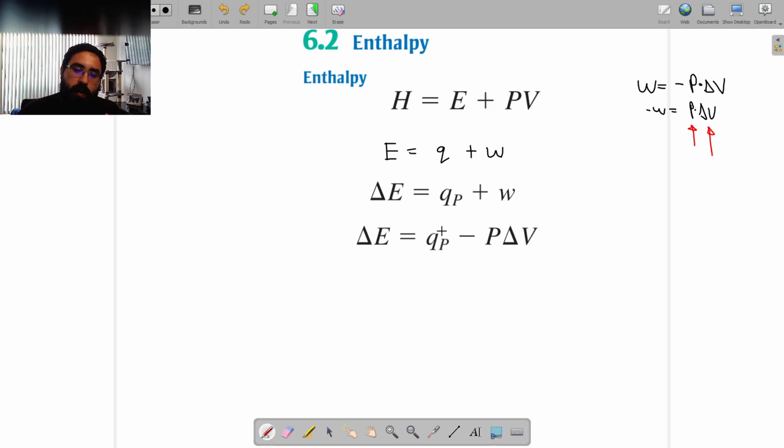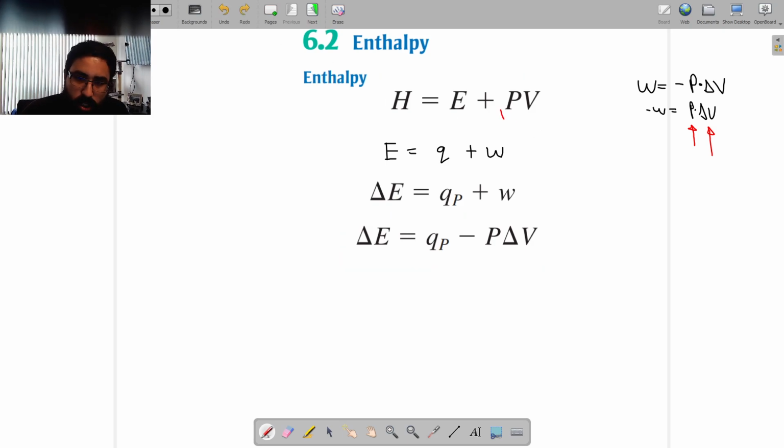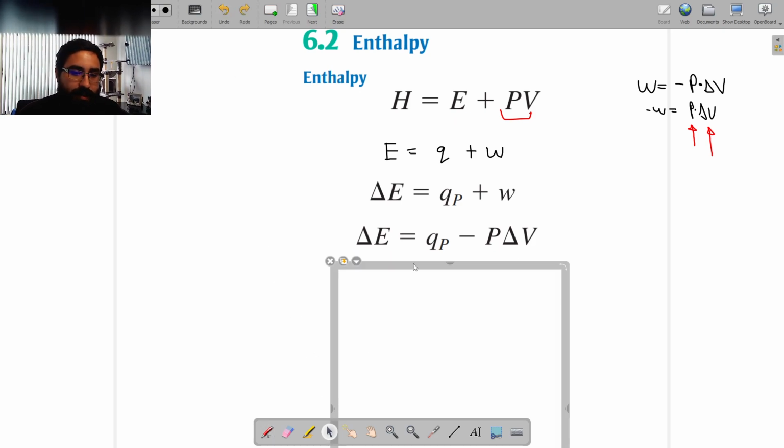But what we really want is to understand the heat flow, because if you start looking at the equation up here for enthalpy, it's starting to look kind of similar. It has similar parts. So delta H is going to be able to be explained by Q, by heat. We have our PV, we have an E, and we have an E. So things are looking good.